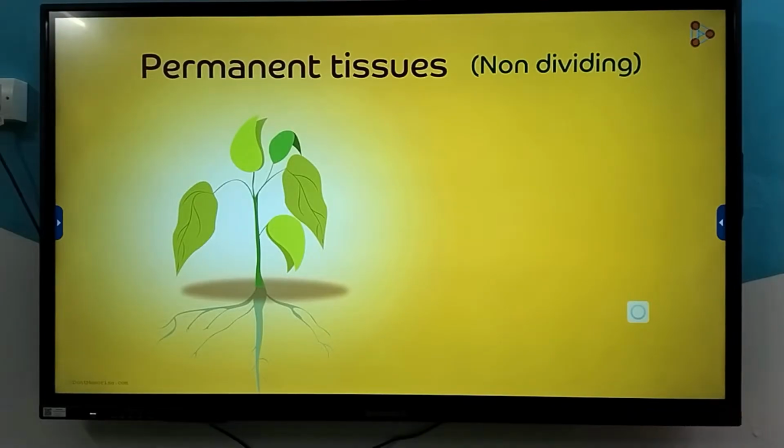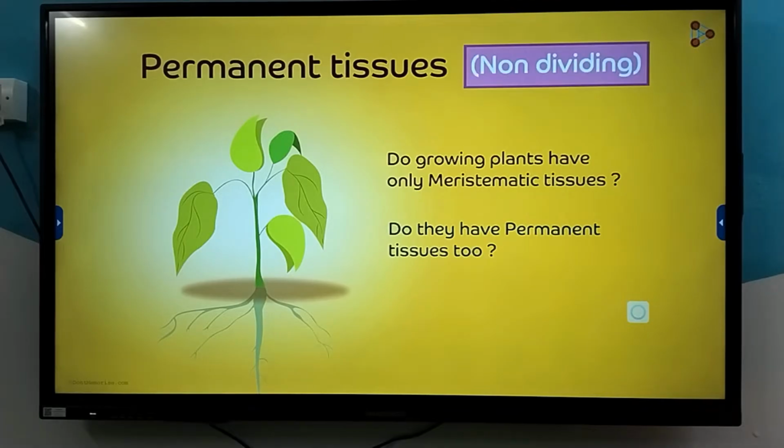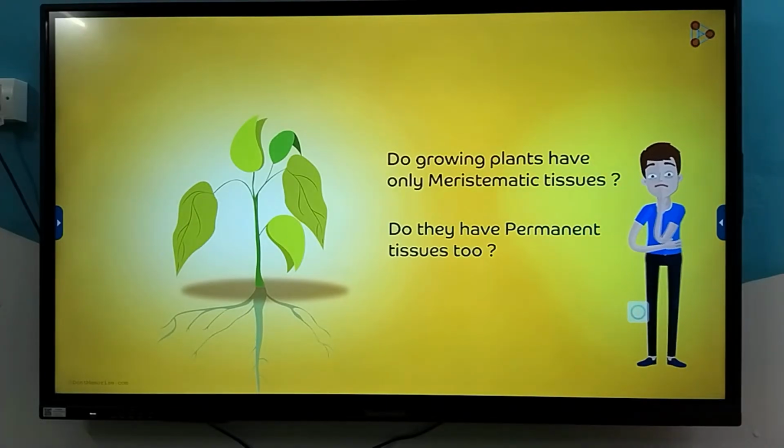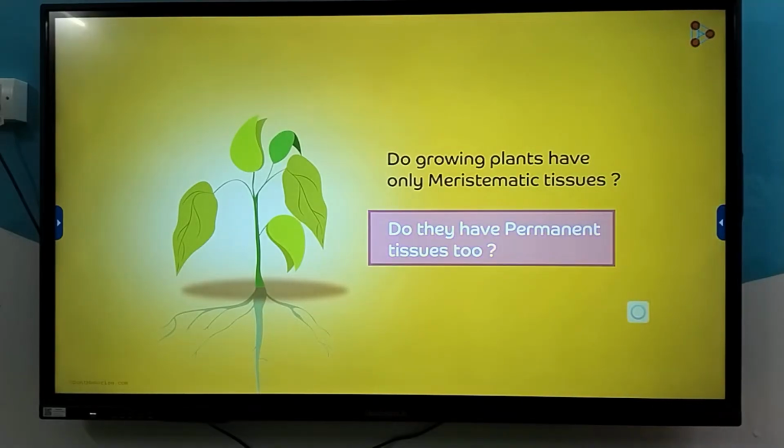The plant is growing and thus must have only meristematic tissues. Permanent tissues will be tissues that are already present and those that do not divide. So initially, if the plant does not have permanent tissues, where does it come into the picture? I'm sure this is a mind-boggling question. The answer is actually quite simple.